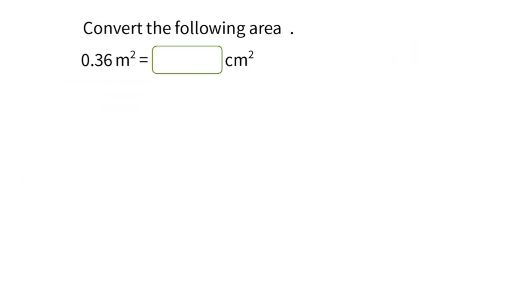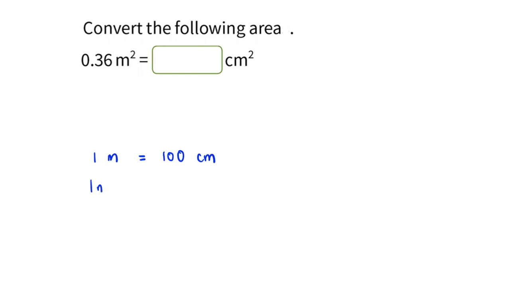Hello everyone, welcome to this video where we are required to convert the following area from meter square to cm square. Well, before we get started, I always like to remind myself that 1 meter is equals to 100 cm.